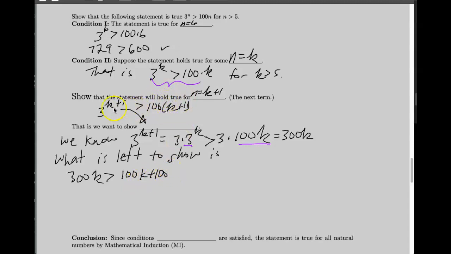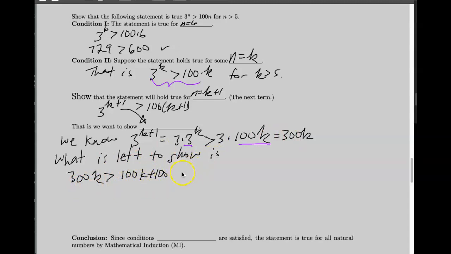This came from the fact that we're still trying to show that this inequality holds true. We got to the point that we know 3 to the k plus 1 is greater than 300k, but we still need to show that that's greater than 100k plus 100.